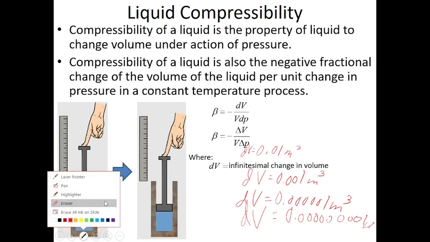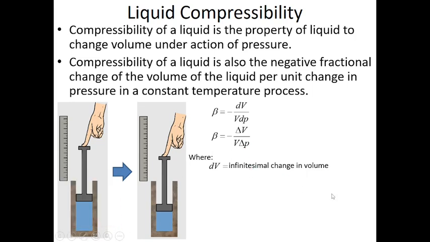And then, we have also V as the original volume. Okay? We have the original volume. And ito yun, dP, infinitesimal change in pressure. Pag sinabi natin dP, differential pressure. Sabihin yan, halimbawa, 0.01 Pascal.